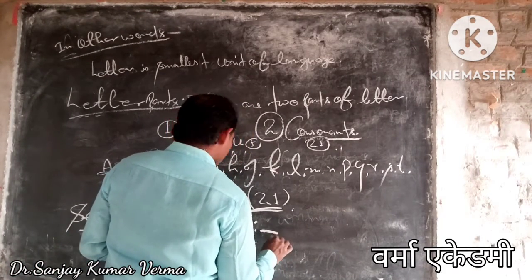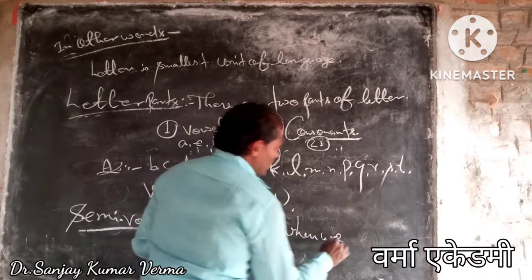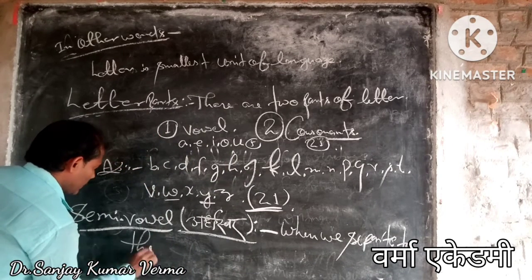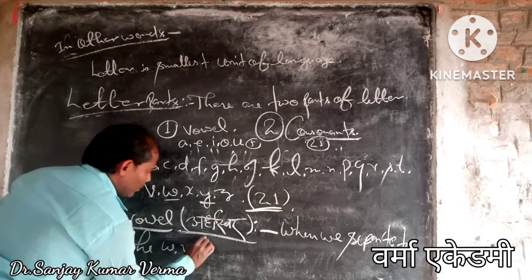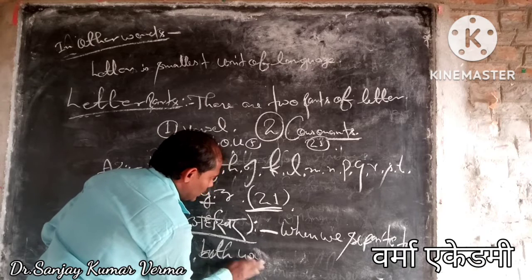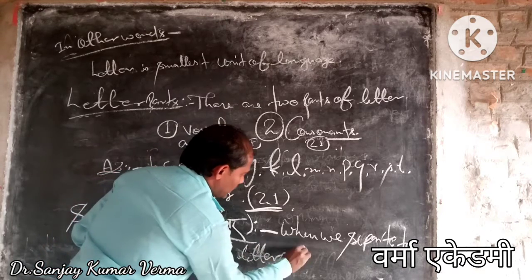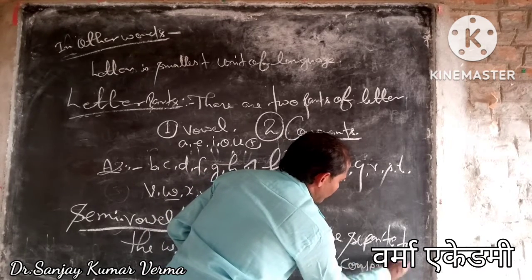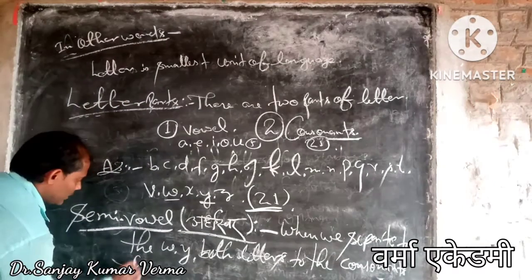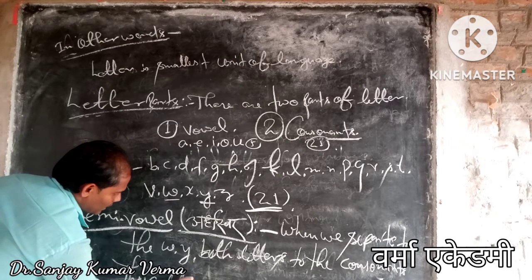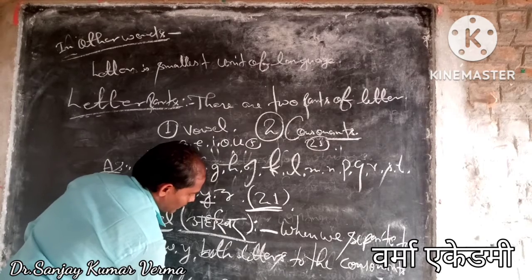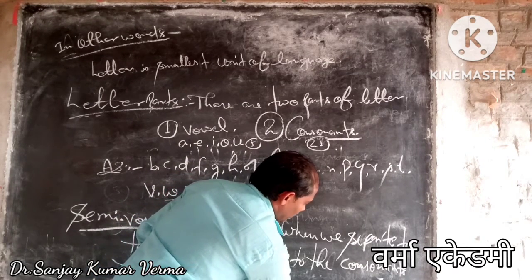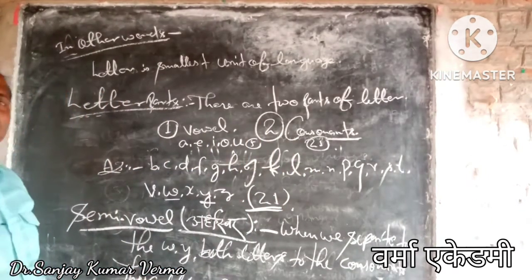Note down. When we separate the W and Y, both letters, from the consonants, these letters are called semi-vowels. Okay.